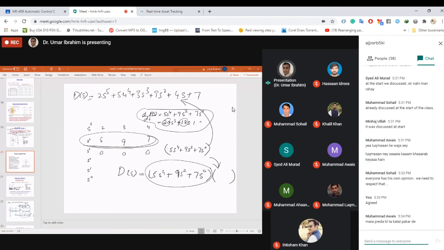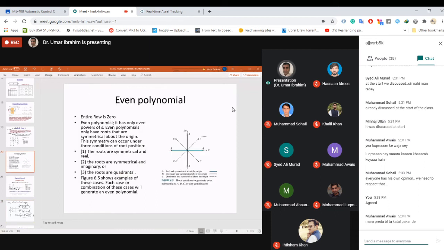If that is the case, then you need to know about the roots of an even polynomial. What is an even polynomial? An even polynomial is a polynomial which has only even power terms.